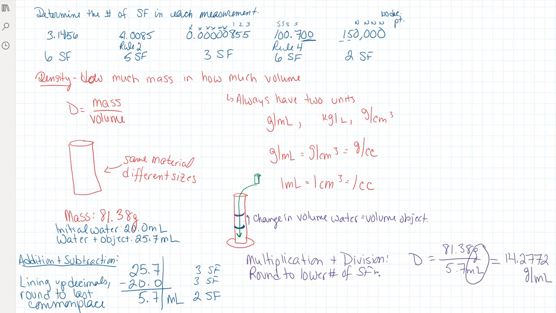But now, when I take a look at how many significant figures I should have, I count 1, 2, 3, 4 on top and 2 on the bottom. So I'm going to go over to my second significant figure from the highest place, and I look at the next number. If it's 0.5 or less, I round down. 0.4, less than 0.5, I round down. 0.5 or greater, I round up, and I come out to 14 grams per milliliter as the density reported to the correct number of significant figures.